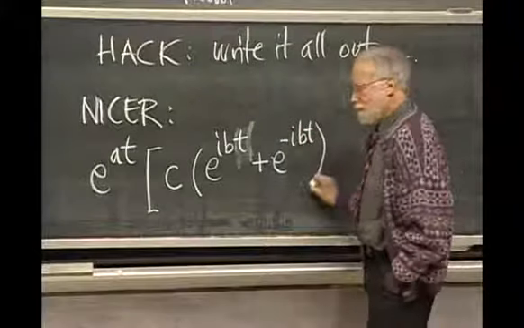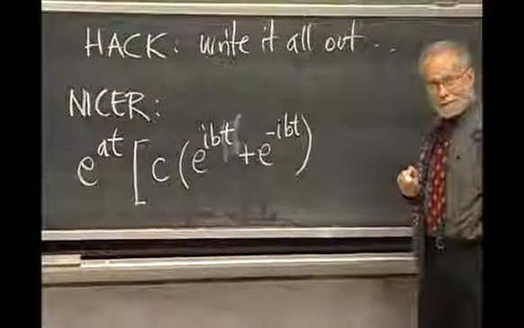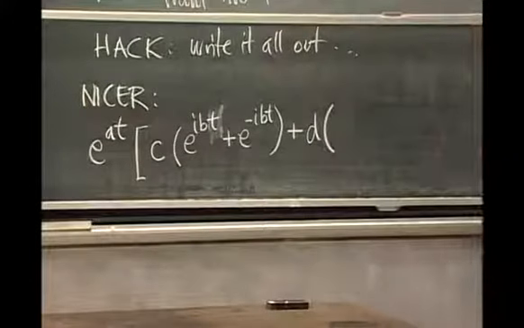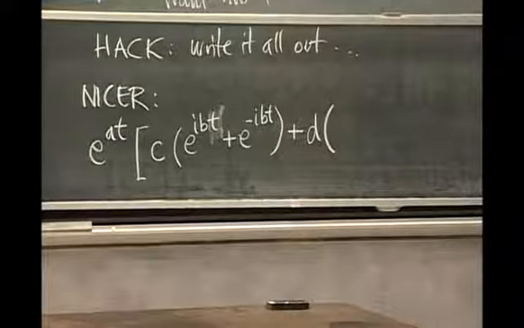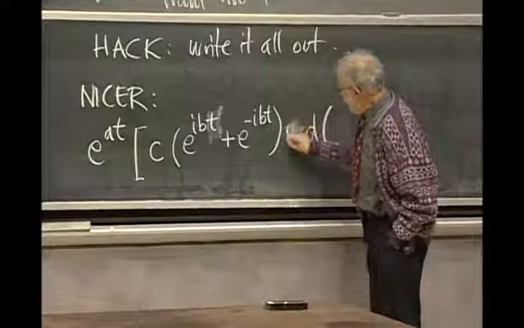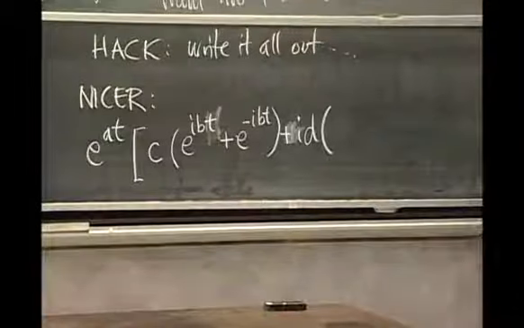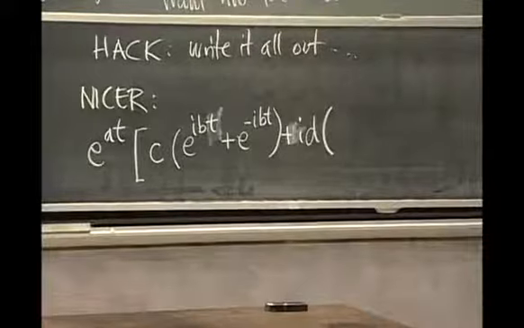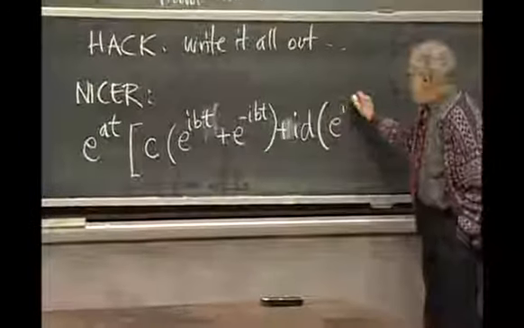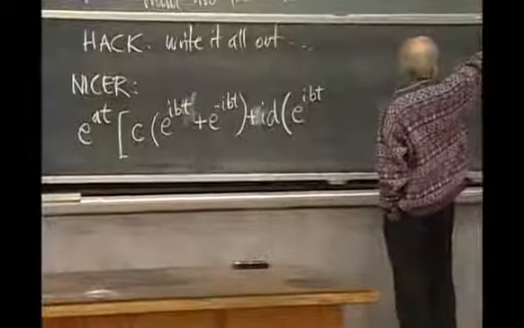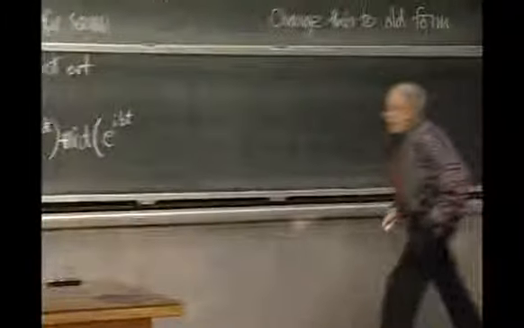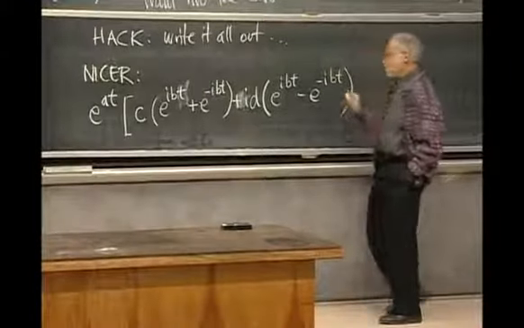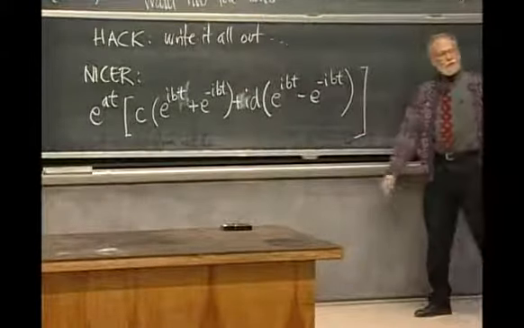You see how I got that? I pulled it out. And how about the d? What goes with d? First of all, there's an i in front that I better not forget, so it's id times e to the ibt minus e to the minus ibt. So that's the way the solution looks.